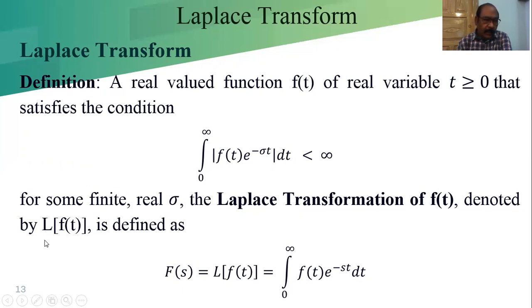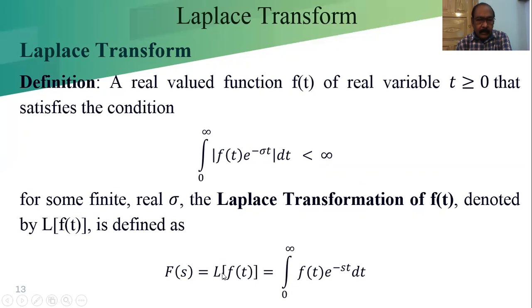The Laplace transformation of f(t), the function small f(t), is denoted by the symbol L. Normally we are using L here and throughout this chapter and throughout our discussion. L represents the Laplace transformation, and the function we can write within the brackets or within the curly braces. It is defined as F(s).